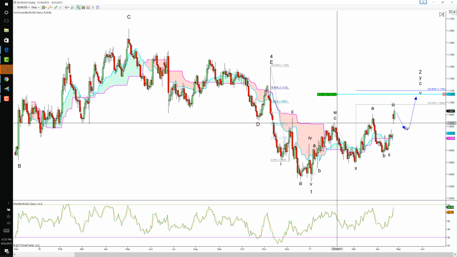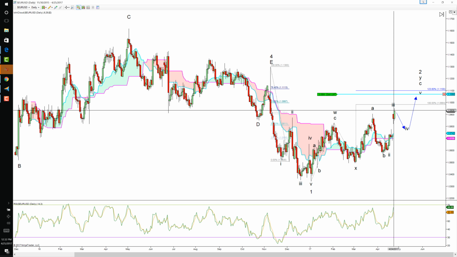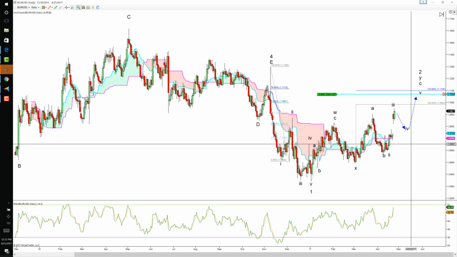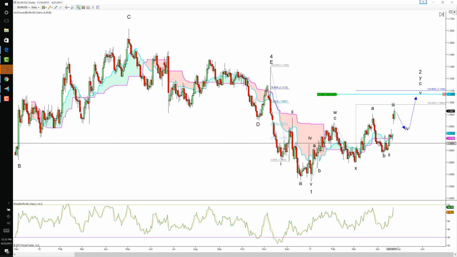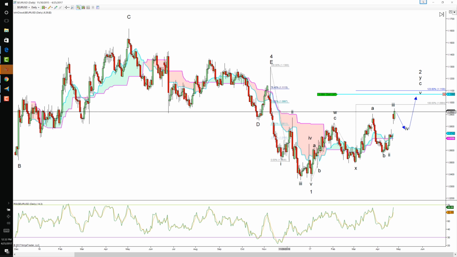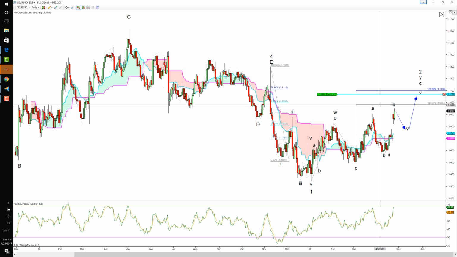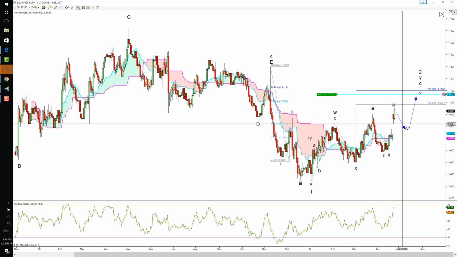So this can be 1, 2, 3, 4, 5 pretty much completed, and now you should be able to see a decline. If you also look at the fib projections at 1.0997, that's 0.618, which is good enough to be wave 2. It's above 50% already, and even though the top is at 1.0952, it's still within that 30 or 40 pip range to where it can either go just a tad bit higher or it can actually go down.